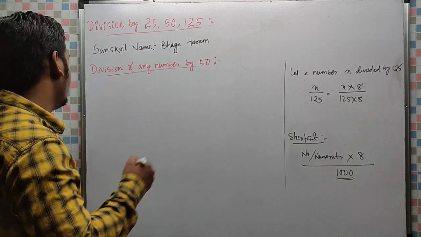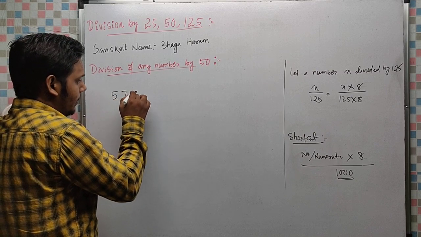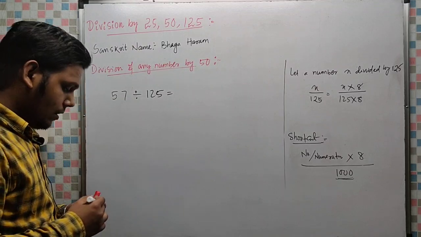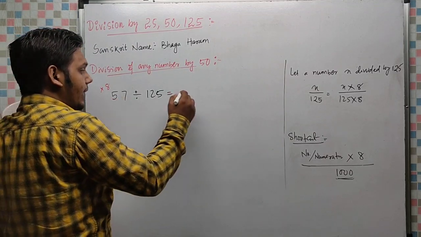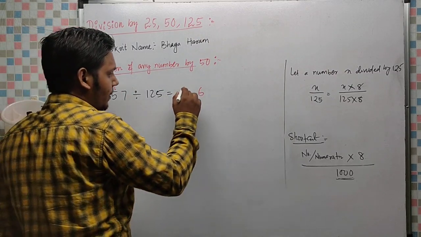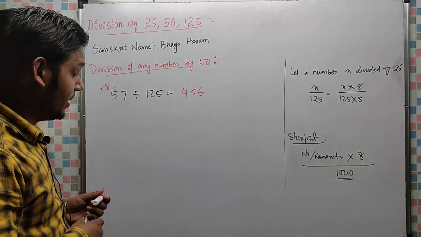See any 3 digit numbers or 2 digit numbers, suppose 57 divided by 125. So what you have to do? You have to multiply 8, 8 7 56, then 5 8 5 40 45. The only difference is that here you have to keep 3 digits.